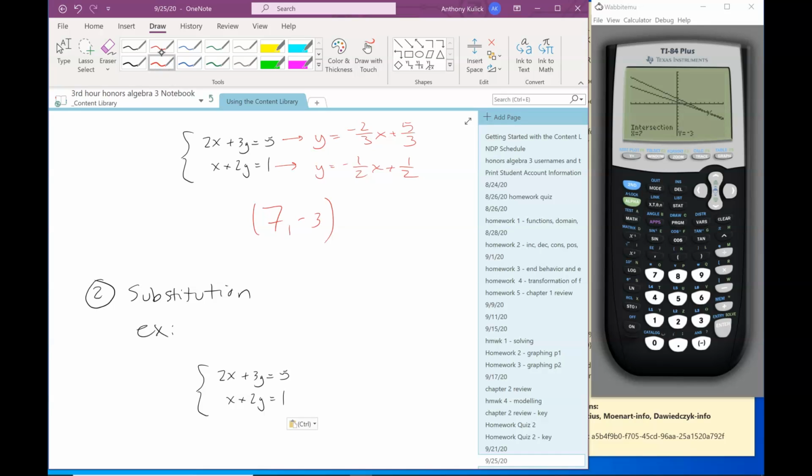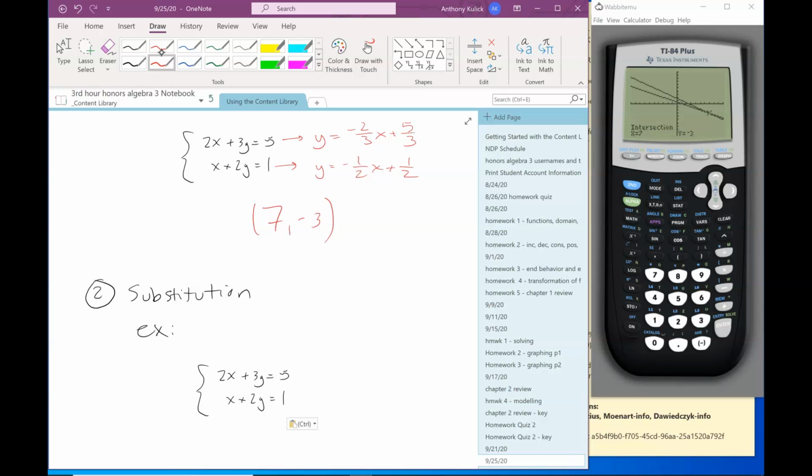Now the idea with substitution is I'm going to rewrite one of the 2 equations, it doesn't matter which one, so that one of the variables is isolated on one side. And then I'm going to use that equation to substitute into the other one, creating one equation with 1 variable in it. That's the goal.